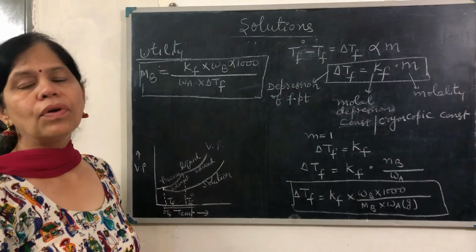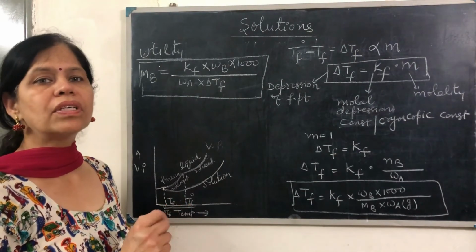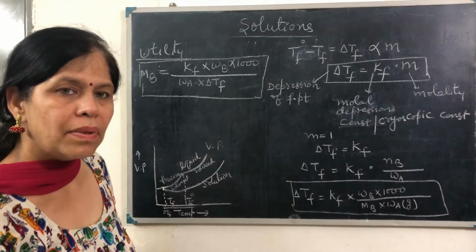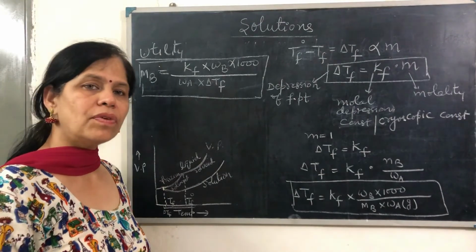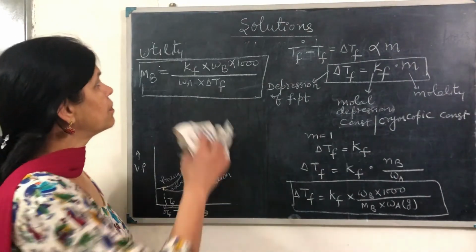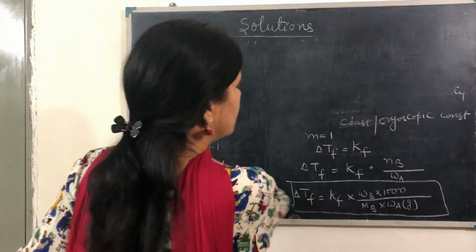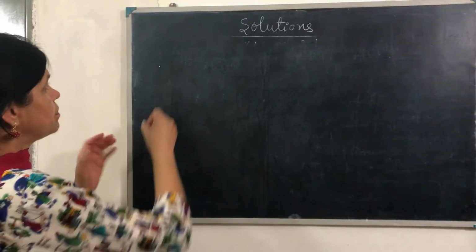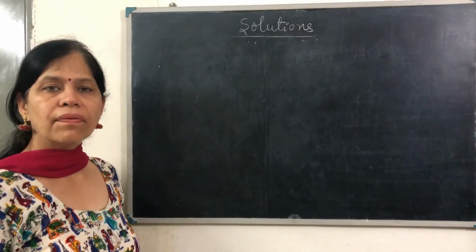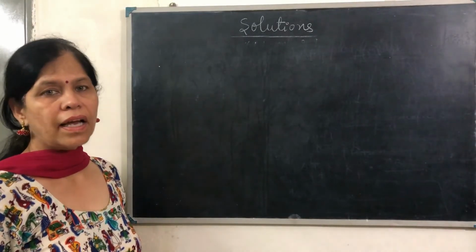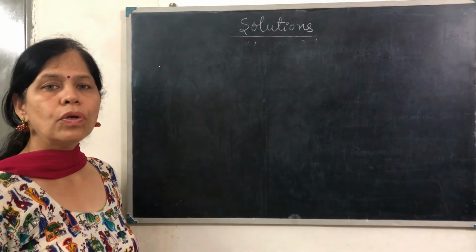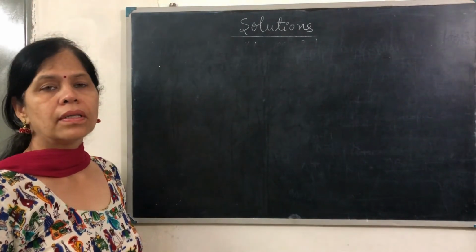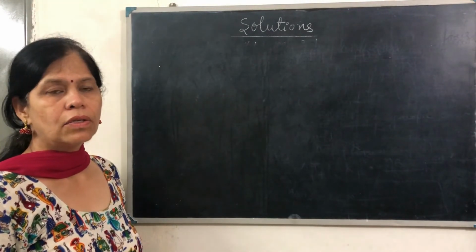I would like to mention just two more points about KB and KF. Although their derivation is not in the syllabus, there are two expressions which can be asked in the entrance examination. KF is the cryoscopic constant and KB is the ebullioscopic constant. Both of them depend on the nature of solvent. So just see the expression.